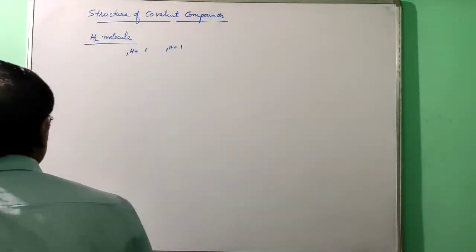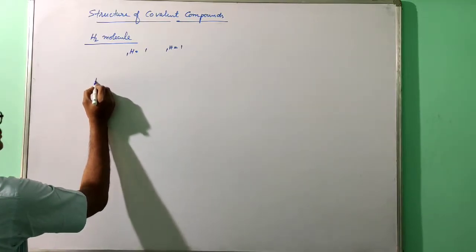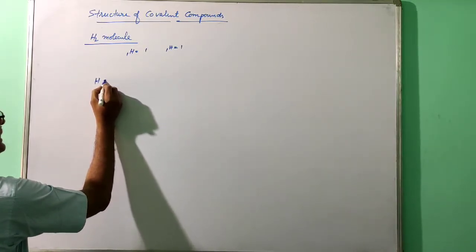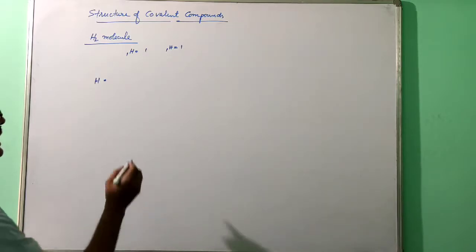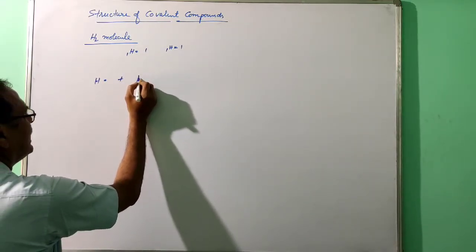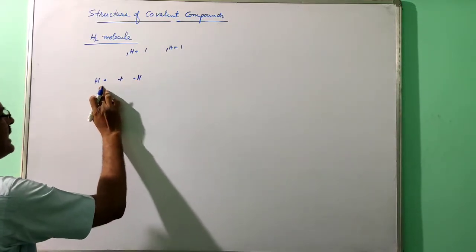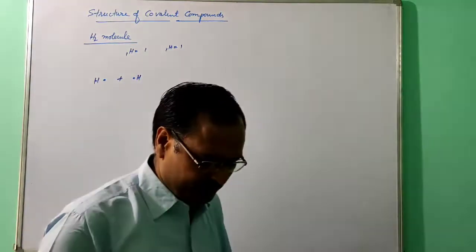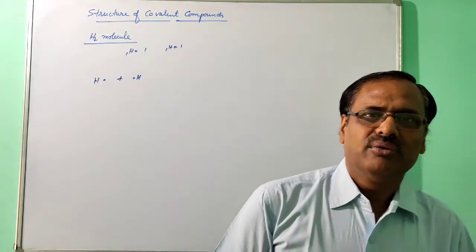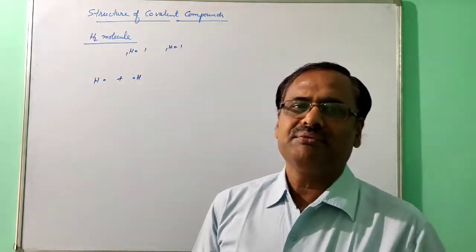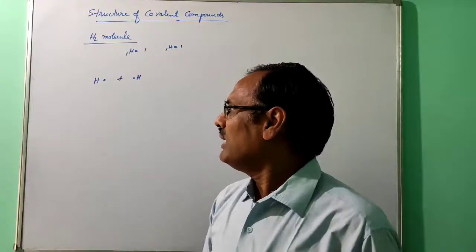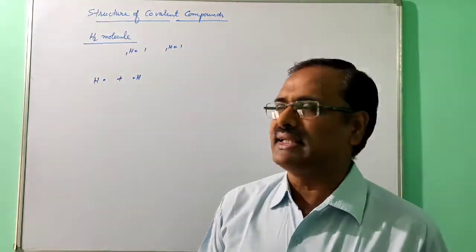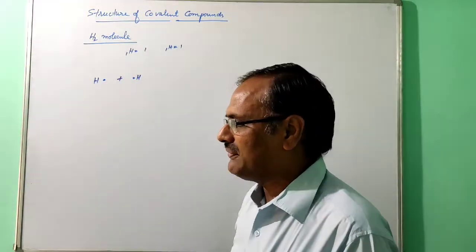So here similar atoms are there. This hydrogen contains 1 electron. Another hydrogen atom also contains 1 electron. Each hydrogen atom needs to complete the duplet, and for completing the duplet, 1 electron is there, 1 more electron is needed. So they will share 1 pair of electrons.